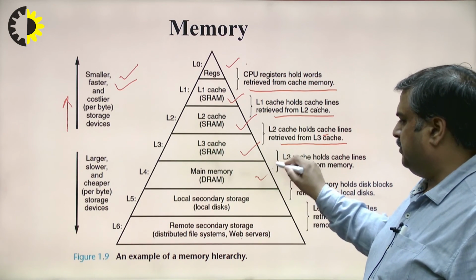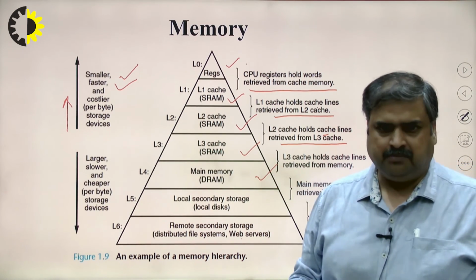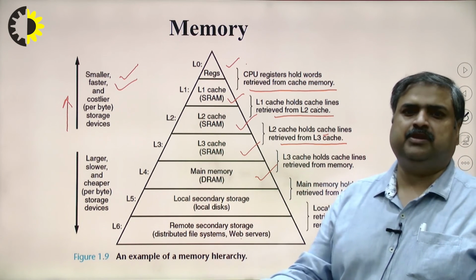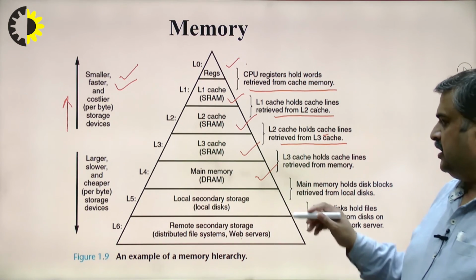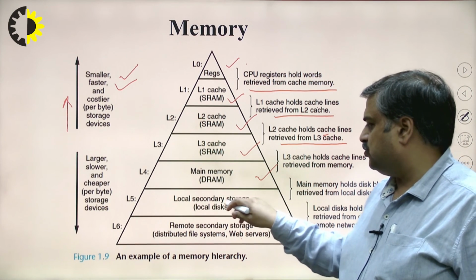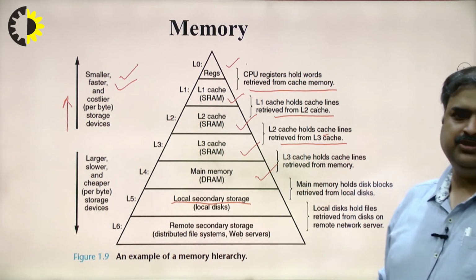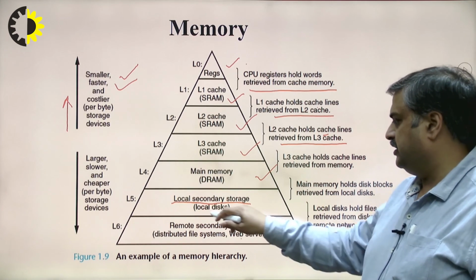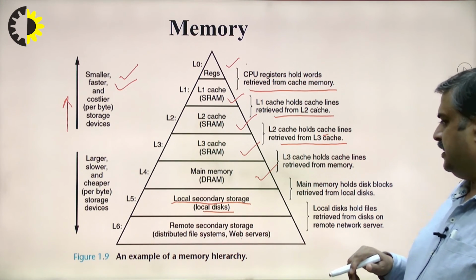Then main memory is dynamic RAM. So it holds the data which is coming from secondary storage. Then local secondary storage, that means the hard disk which we have in our computer, inbuilt local disks. So that data is kept.